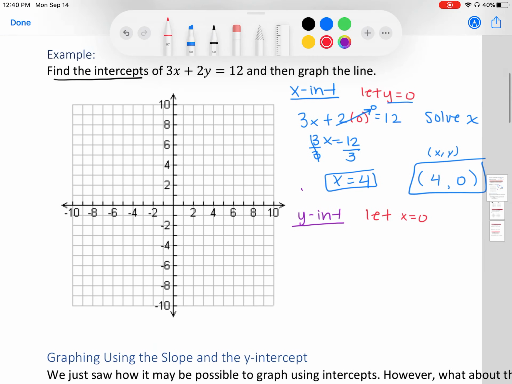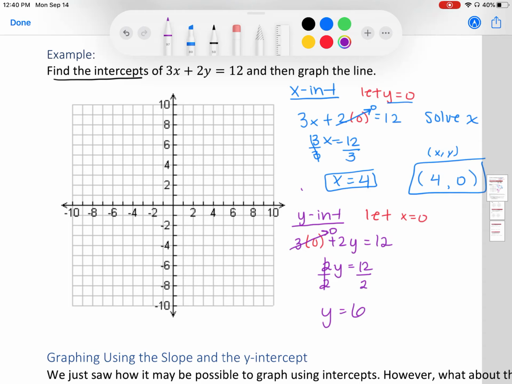So we have 3, but instead of x, I'm going to write 0, plus 2y is equal to 12. Anything times 0 is 0, so we're left with 2y is equal to 12. Divide by 2 to get y by itself. We're left with y is equal to 12 divided by 2, which is 6.